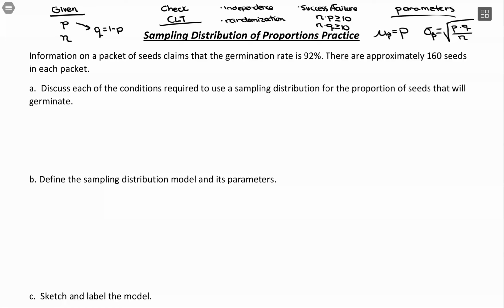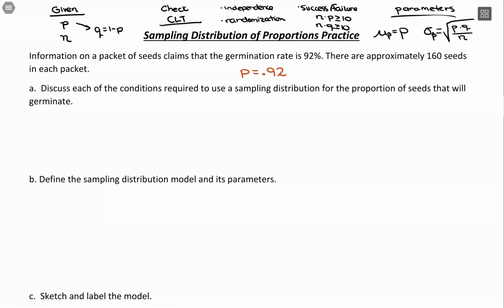So we have information on a packet of seeds, which claims that the germination rate is 92%, and there are approximately 160 seeds in each packet. What we're dealing with here is that the population proportion is the expected germination rate. So we expect 92% of the seeds to germinate.